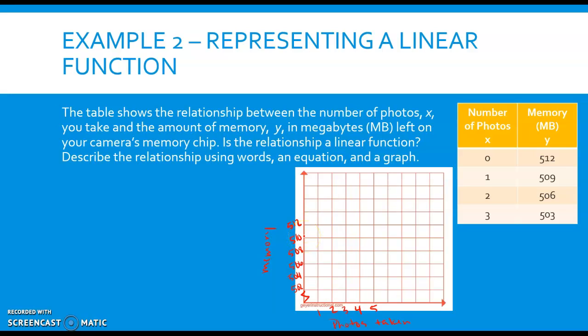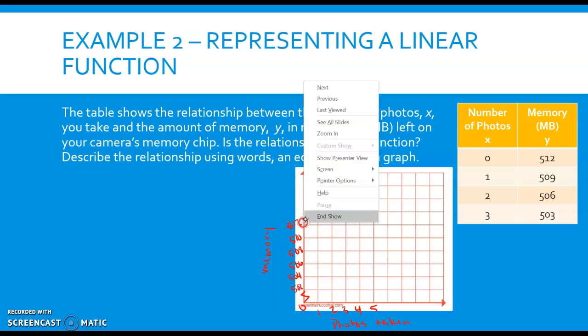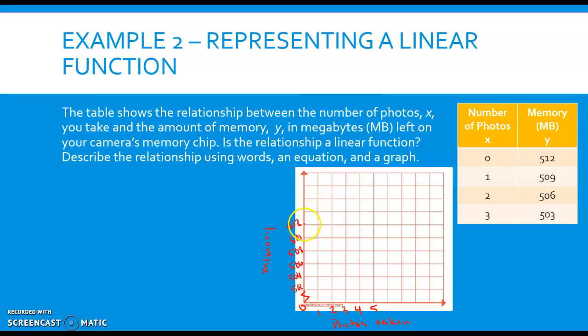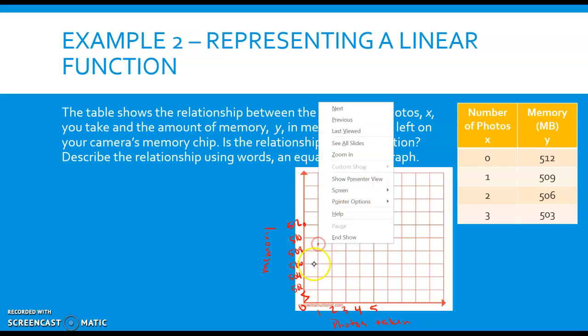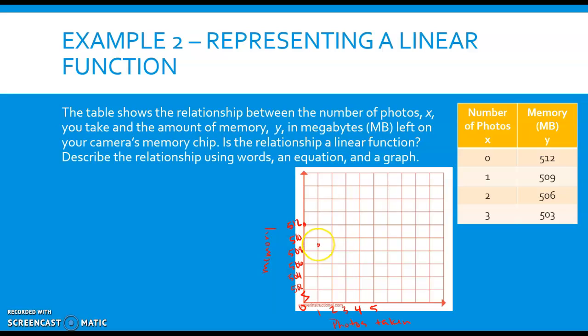All right. So I'm going to graph these first. So 0 is at 512. So I'm going to put a dot there, hopefully. 1 is at 509. So that's halfway between 8 and 10, maybe.